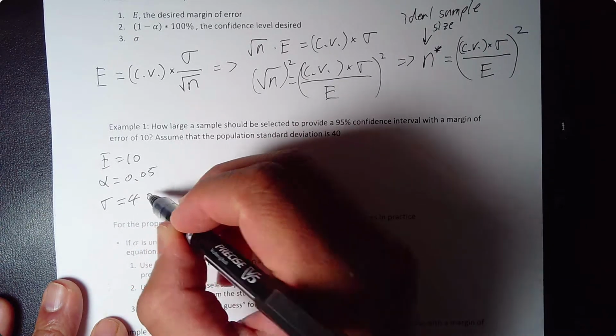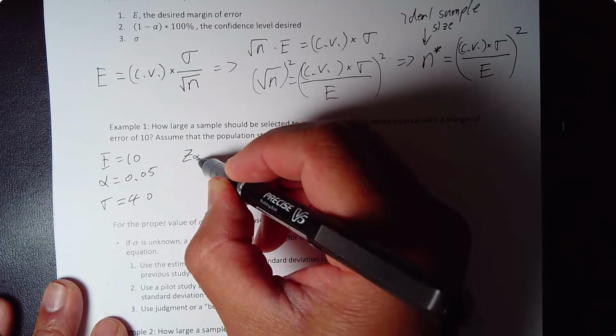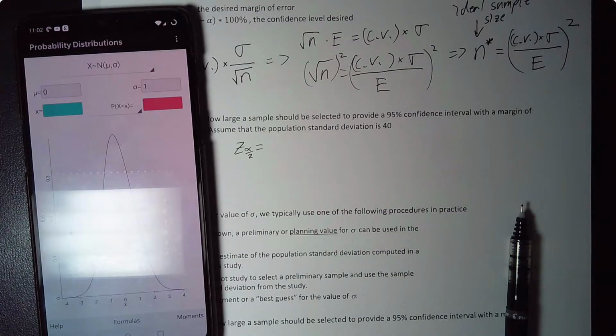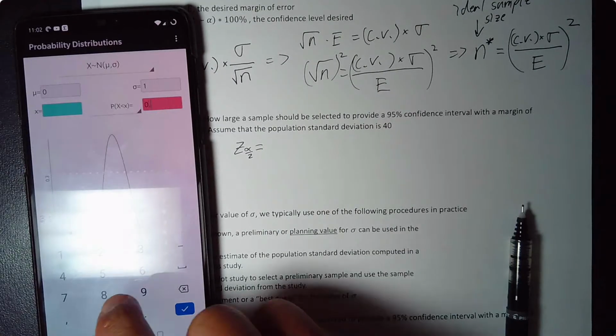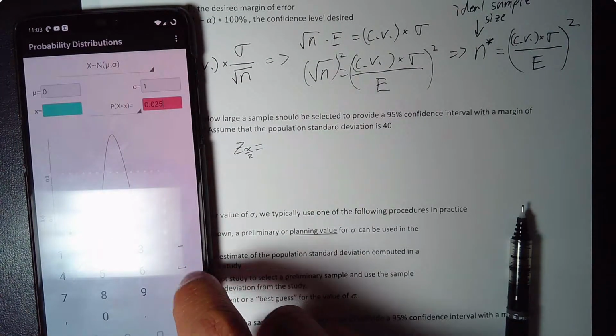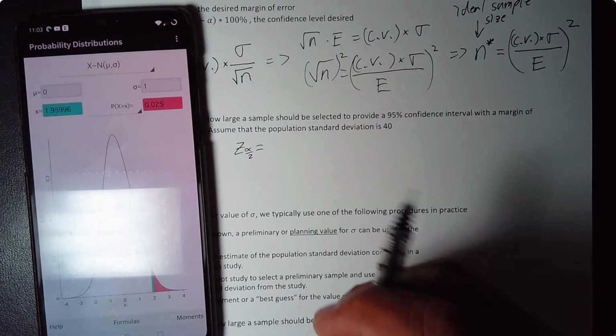First thing I have to do is find my critical value. I can use my phone to get that. Just go to a normal distribution, and I take alpha divided by 2, which is 0.025. Make sure you go to greater than. We get 1.96.